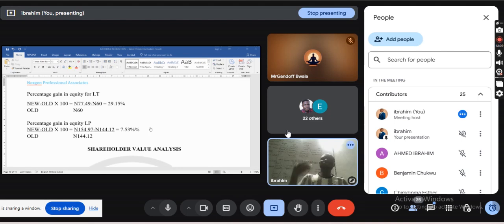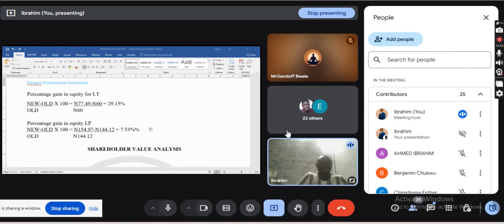That is, when you want to value a business, you could use shareholder value analysis. Now, it could be free cash flow to the firm or free cash flow to equity. Class, it depends on the question.